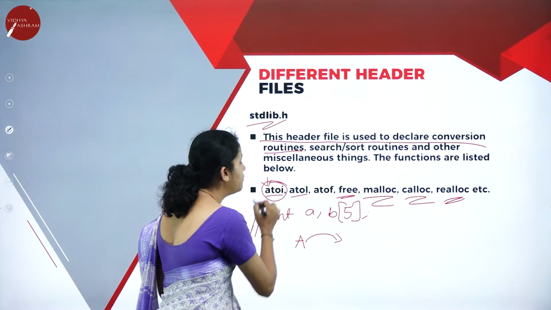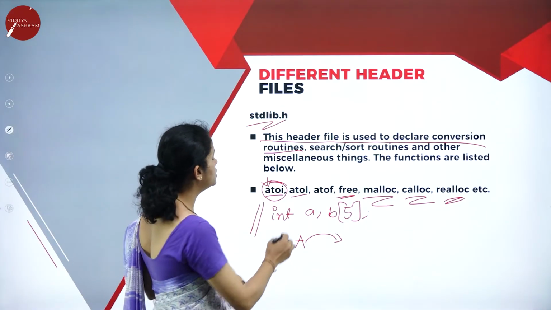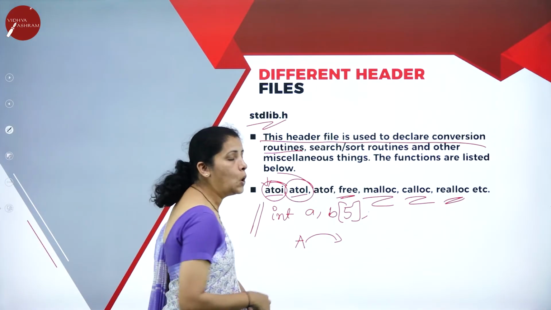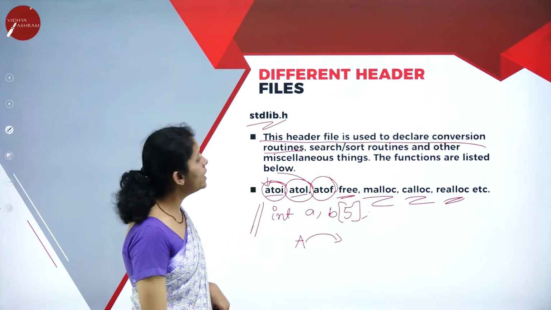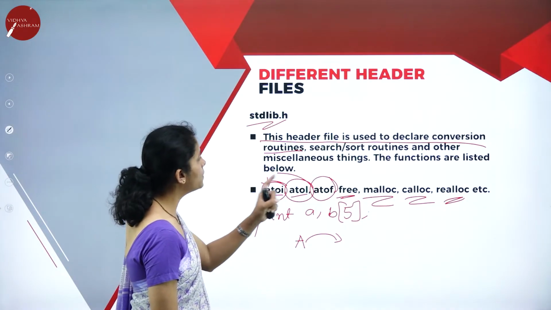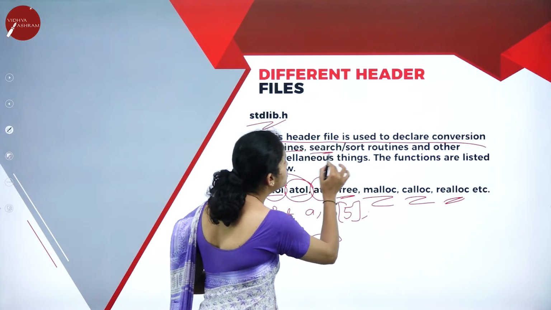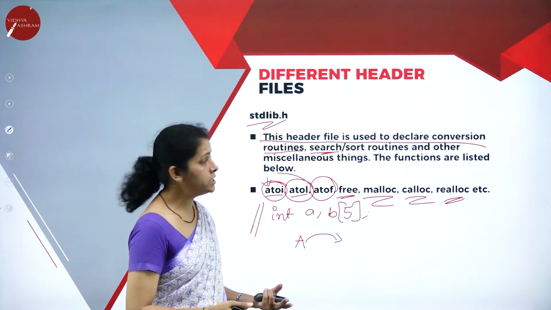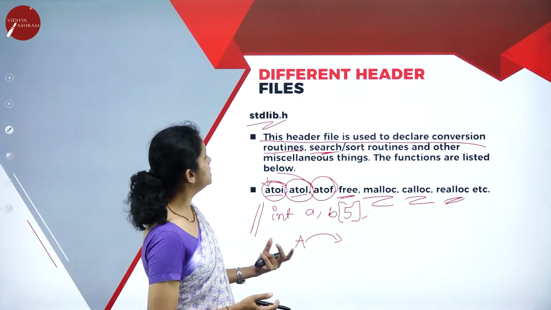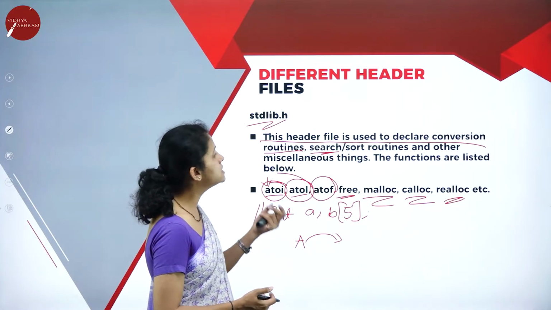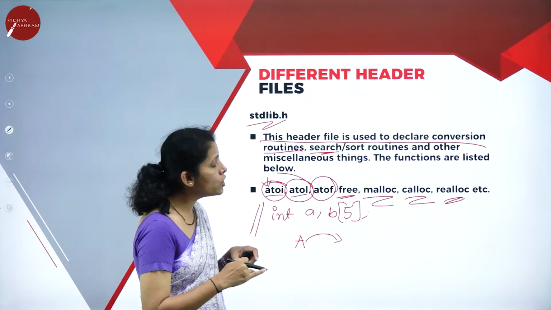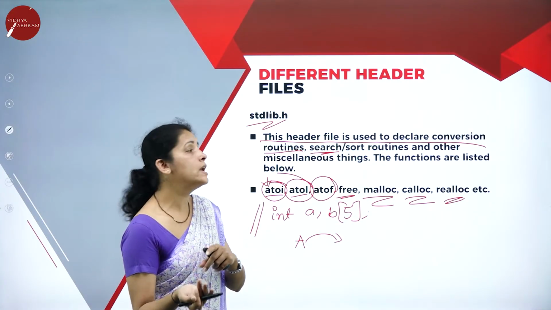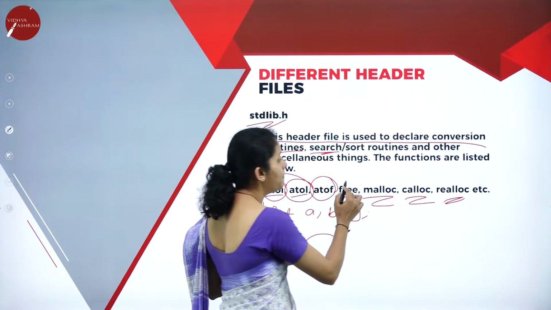That is alphabet to integer conversion, alphabet to long conversion, as well as alphabet to floating point conversion. Along with that, it's also responsible for performing searching, sort routines, and other things. It's also responsible for allocating and deallocating memory.